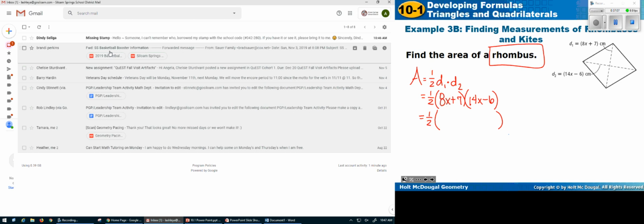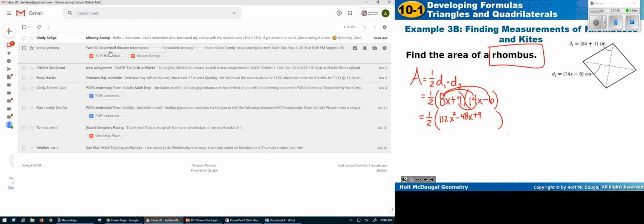So what's 8x times 14x? Okay, be real careful. 8 times 14 you said is 112, but x times x is x squared. Okay, then distribute your 8x times negative 6. Negative 48x. Then go and distribute your 7 times 14x.